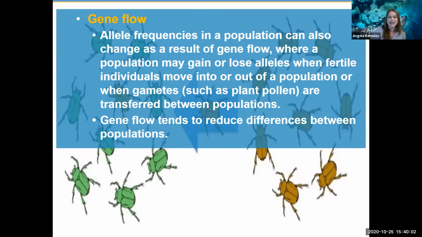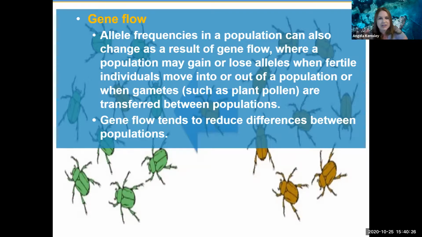And gene flow tends to reduce differences between populations. So the idea behind gene flow is that we have 2 different populations, and we could get an individual or a small group of individuals from population A that decide to leave and move to population B. So especially if they've been separated for a long amount of time, this could introduce genes that population B didn't have.